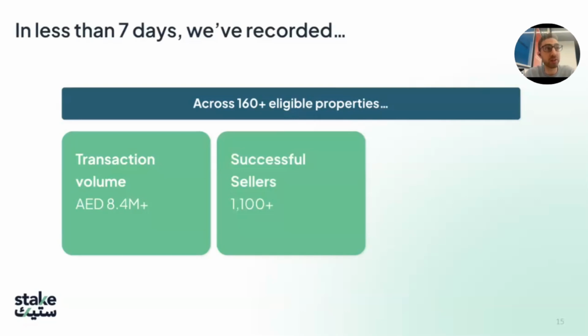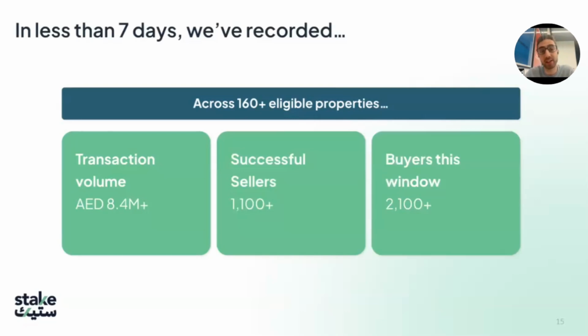We've had more than 1,100 successful sellers sell what they want to sell, and almost double that number of buyers in this window, over 160 eligible properties. If you compare that to the last window, which was about 110, it's really cool. All the numbers are going up.